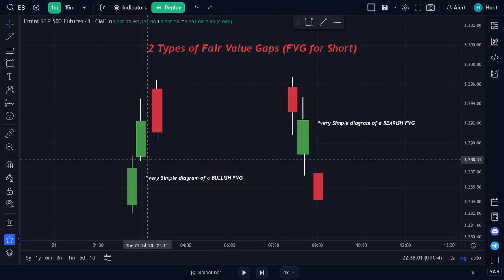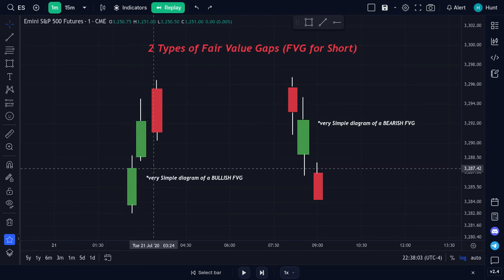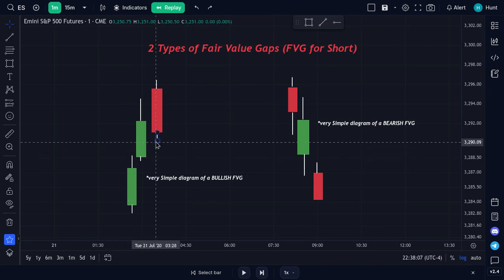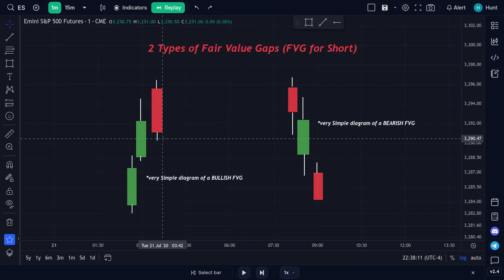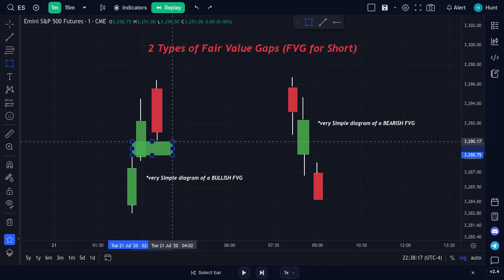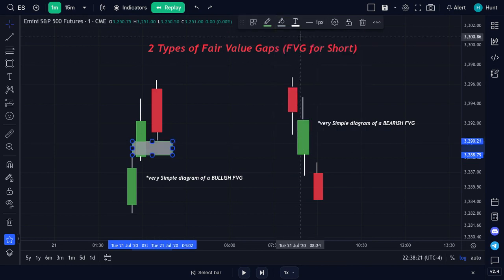Well, one thing I notice is the top of the wick of this green candlestick and the bottom wick of this red candlestick are not touching. So you see this space in between, which I will also highlight, and I'll make this gray.